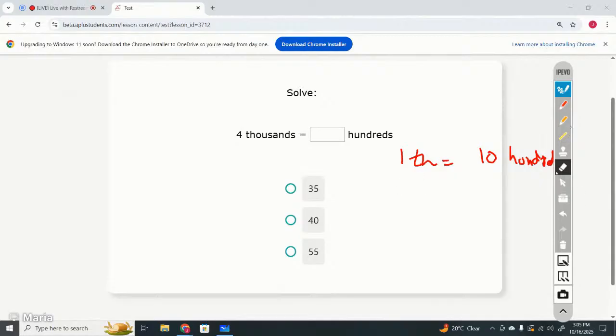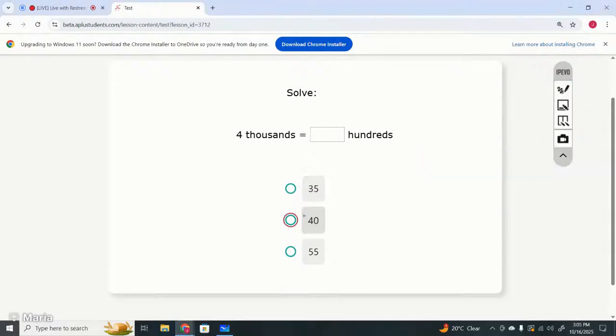And 4,000s equal 40 hundreds. Option number 2 is the correct option.